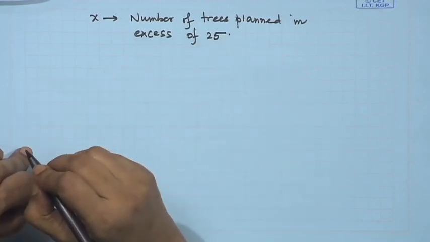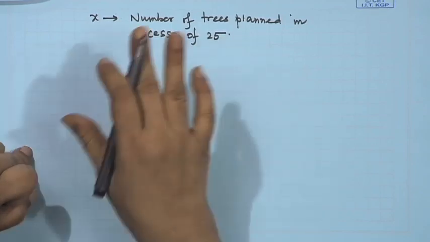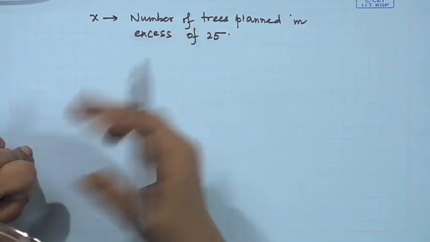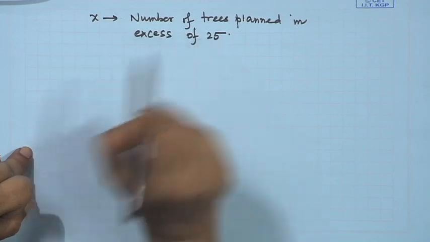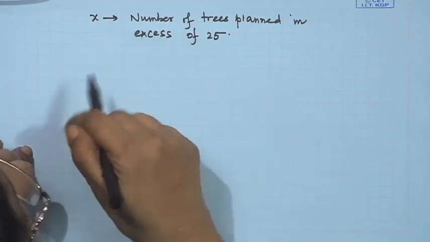Because initially the information has been given that in the normal case he is planting 25 plants. That is why in excess we are considering x plants being planted.